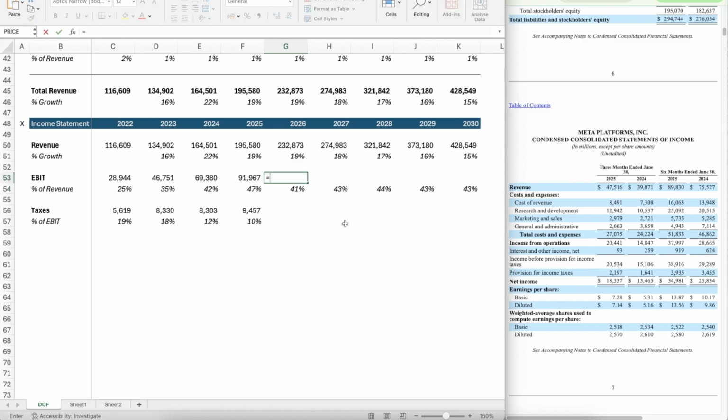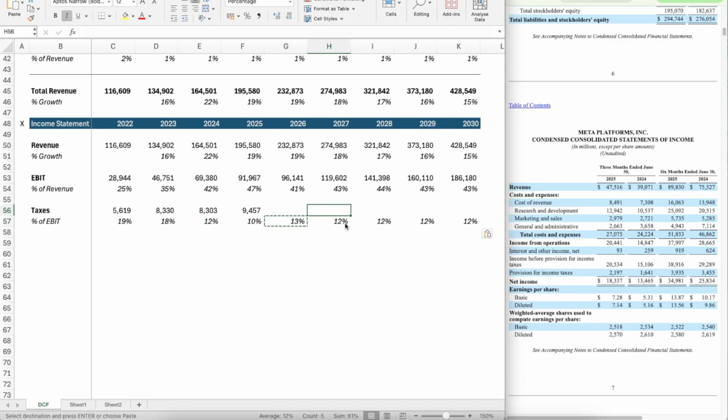And now for the EBIT, you take the revenue and multiply it by the margin, and then just copy that over again. And go equal. Then for the taxes, you take the EBIT, multiply it by the tax rate, the percentage of EBIT, and pull it across. Perfect.